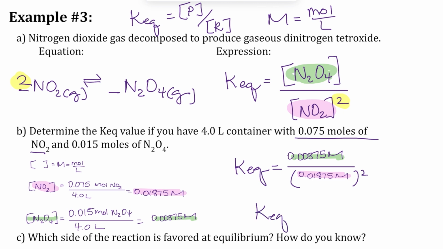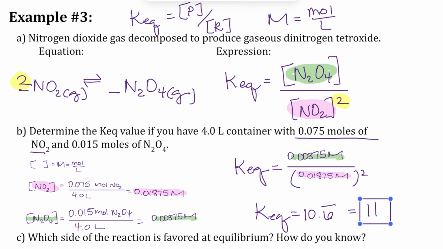So KEQ, we can go ahead and do that calculation. This divided by 0.01875 squared, we get the value of, I got 10.6 repeating. Looking at now my sig figs, let me go back to my values. 4.0 is 2 sig figs, 2 sig figs, 2 sig figs. So this would be a KEQ value of 11.